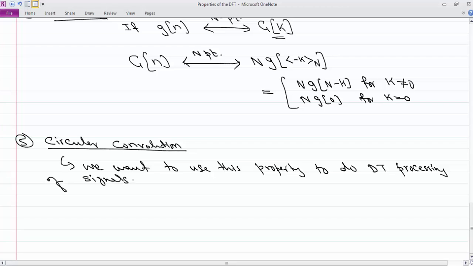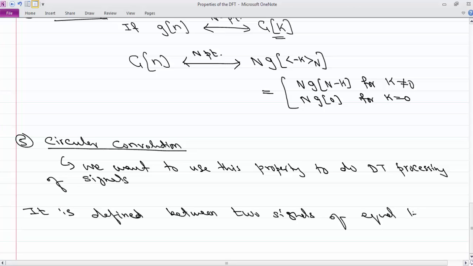In particular, we want to really compute linear convolutions very fast. So what is circular convolution? It is defined between two signals of equal length.